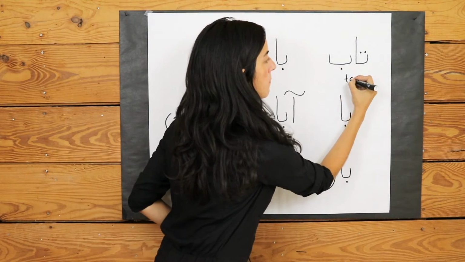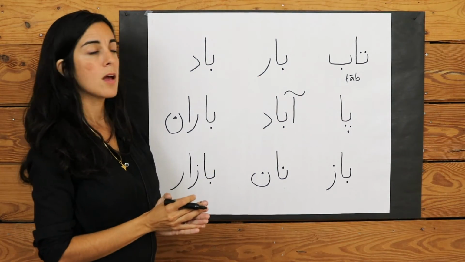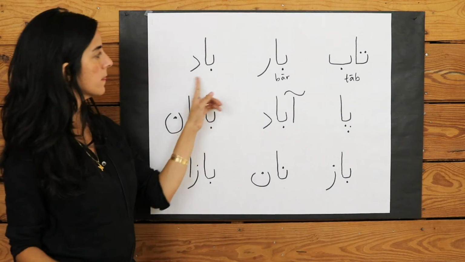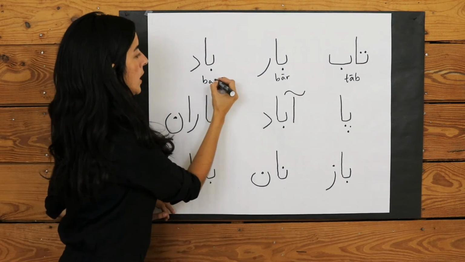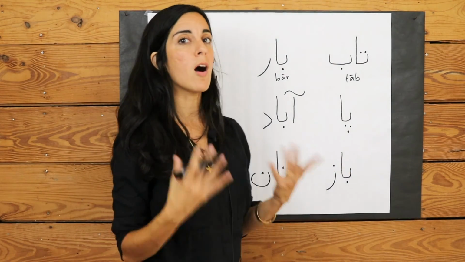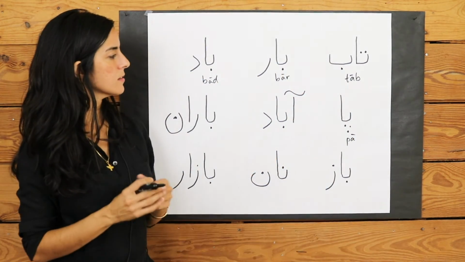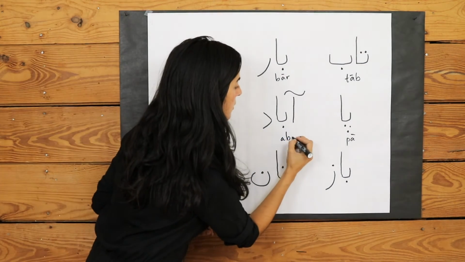Tab, swing. Next, bar, or a load. Next, bad, meaning wind. Next, pa, meaning foot. Next, abad, meaning open, prosperous, green.